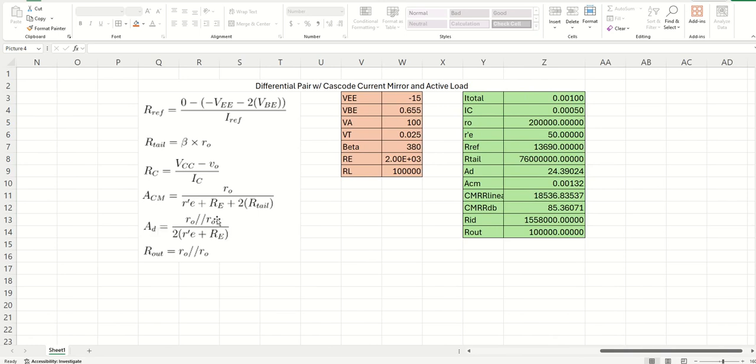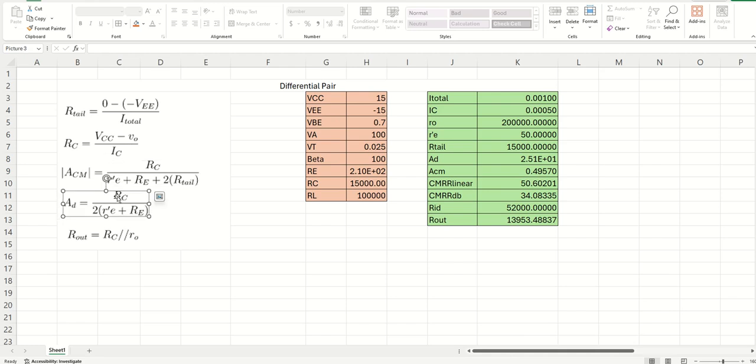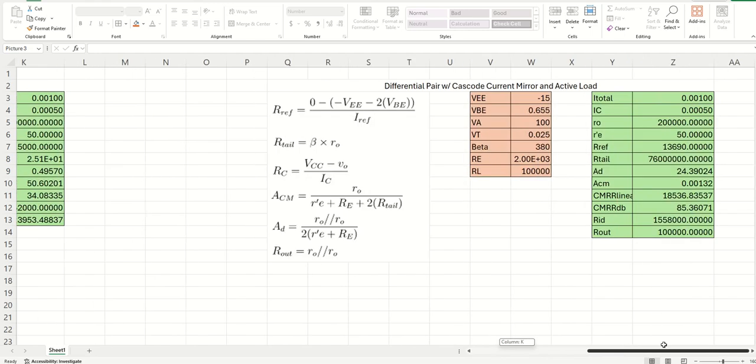Your differential gain is now the output resistance of the transistor, where before it was the collector resistance, or the collector resistance in parallel with the load. So if you are connecting this circuit to a load, it would be the output resistance of the transistors in parallel with the output resistance of the transistor in parallel with RL.